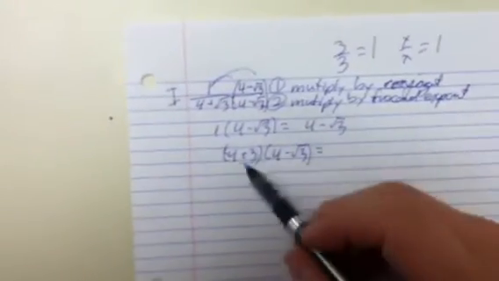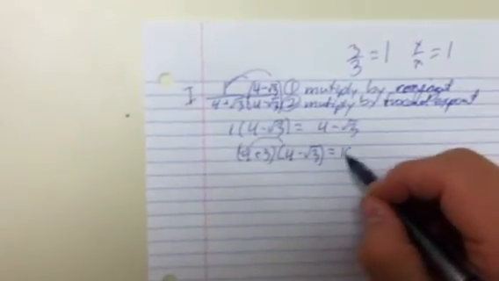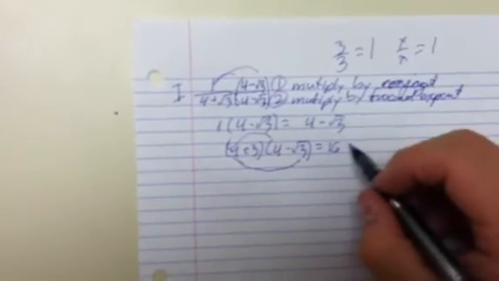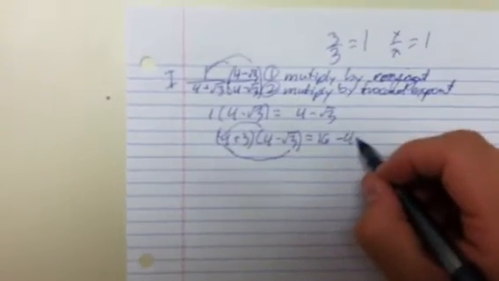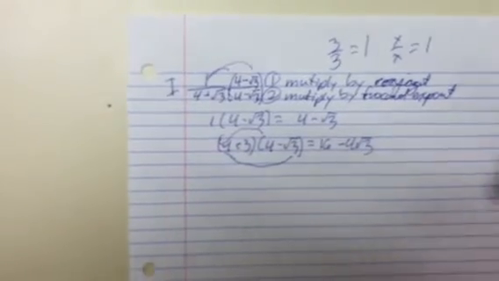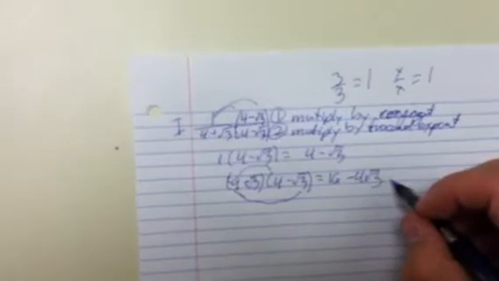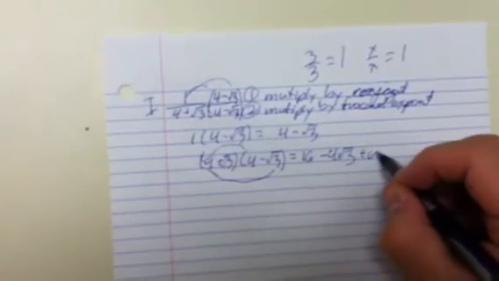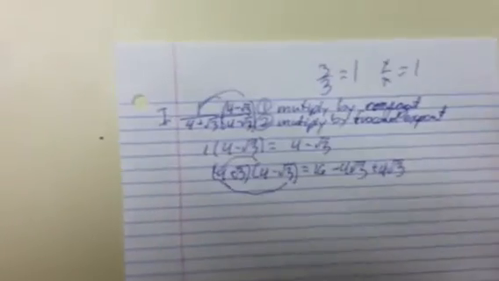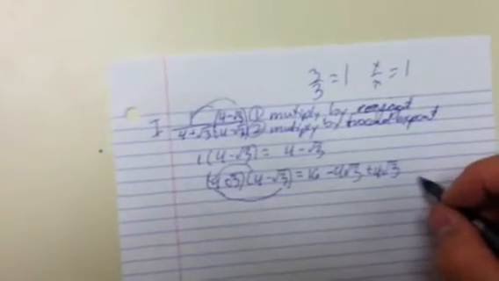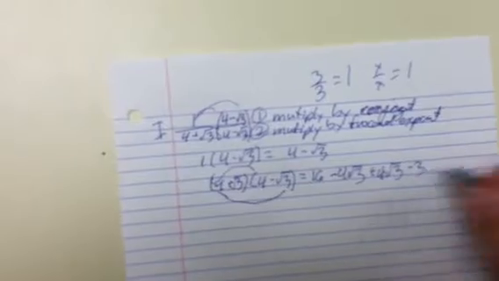And we must FOIL this, so 4 times 4 is 16. 4 times negative root 3 is minus 4 root 3. Now, root 3 times 4 is plus 4 root 3, and root 3 times negative root 3 equals negative 3.